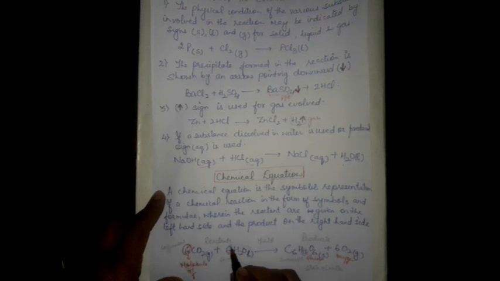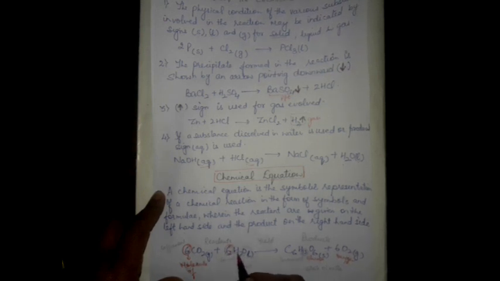Got it? So here I have written 6CO2. Here 6 is used as the number of molecules of carbon dioxide. It means that 6 molecules of carbon dioxide are used, and again I have written 6, which is also 6 molecules of water.